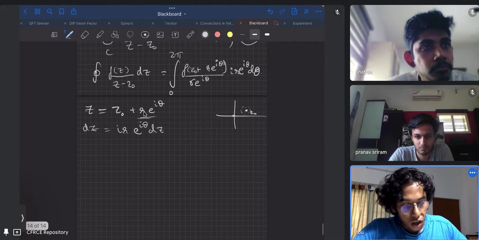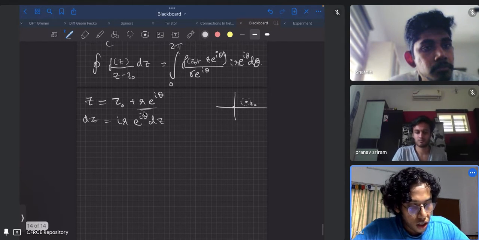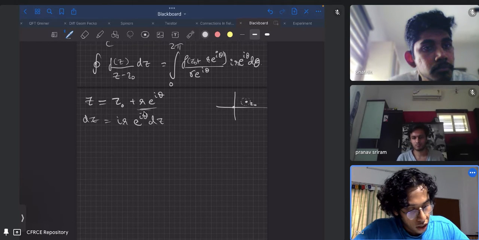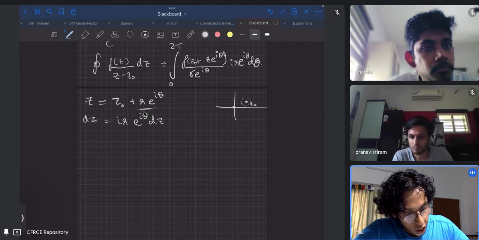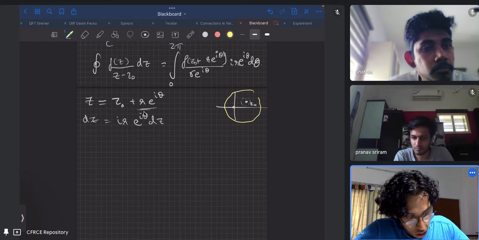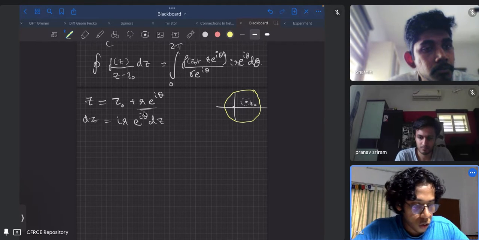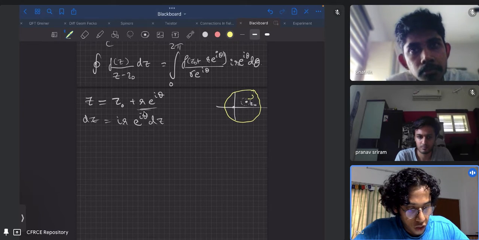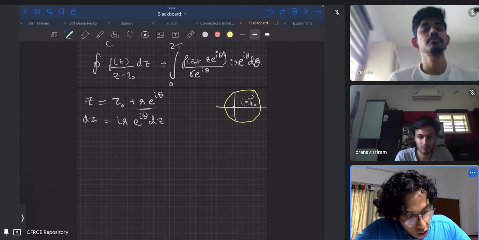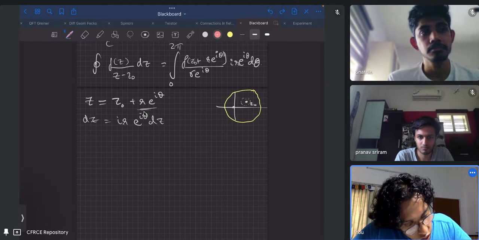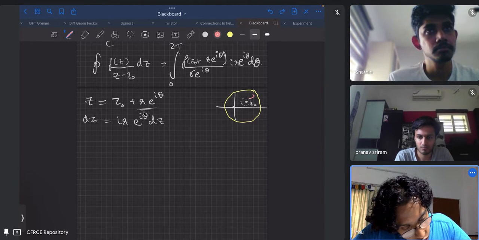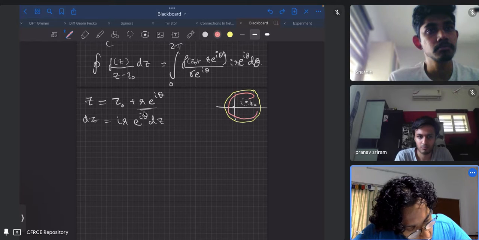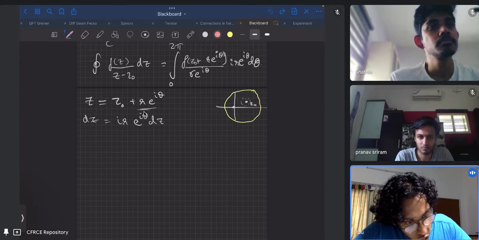So essentially we know that in the region, in the actual contour, Stokes theorem applies. So if we take some sort of a path such that, let's draw it a little more clearly.